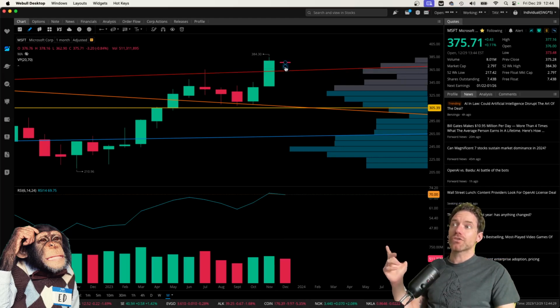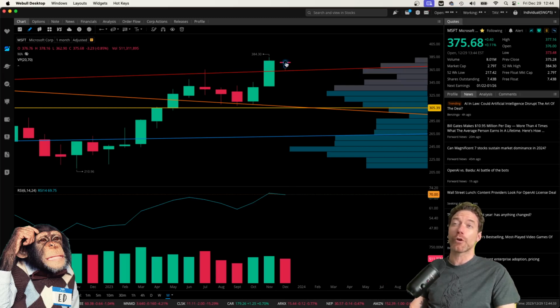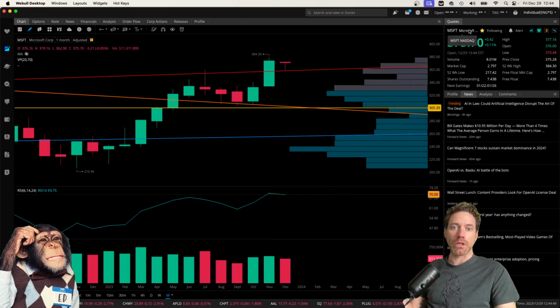Especially looking at the monthly time frame, one thing we really want to pay attention to is the close today, which is the close of the month and the year. November closed at $378.91. Currently, the price is below that.